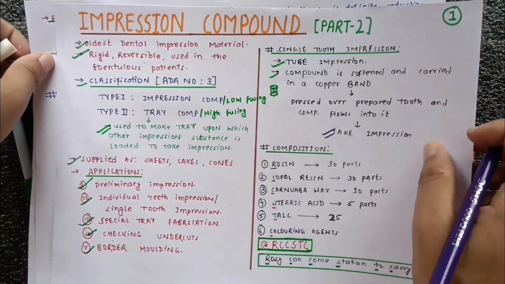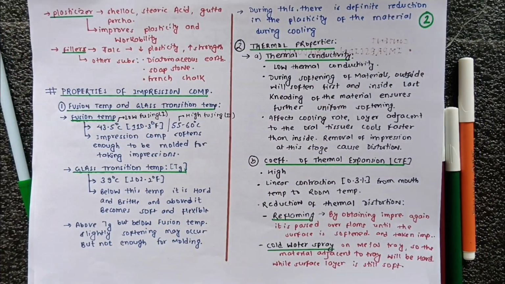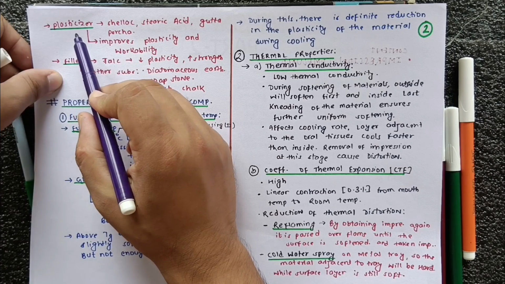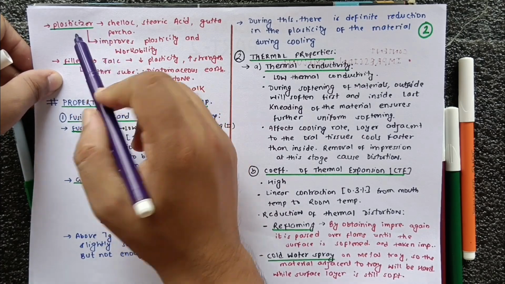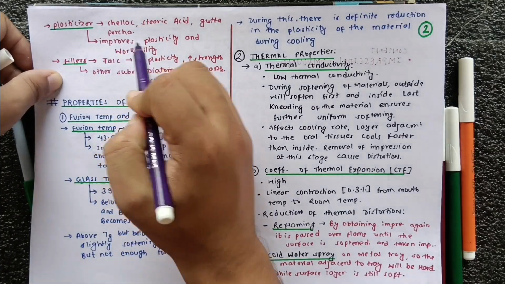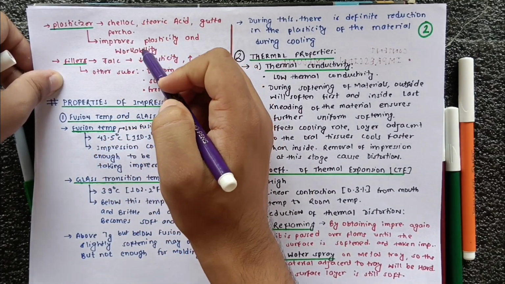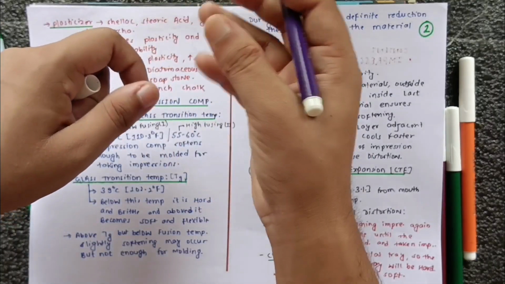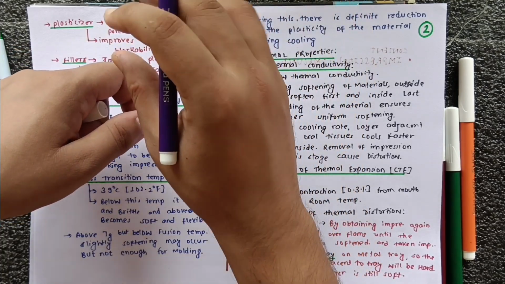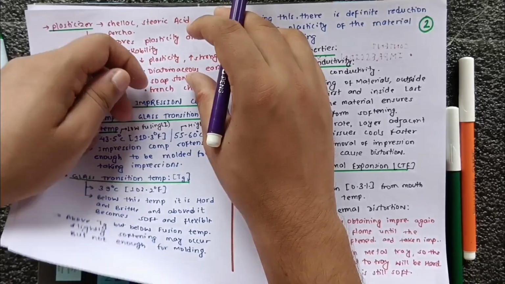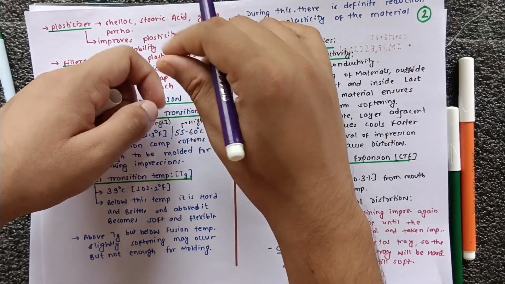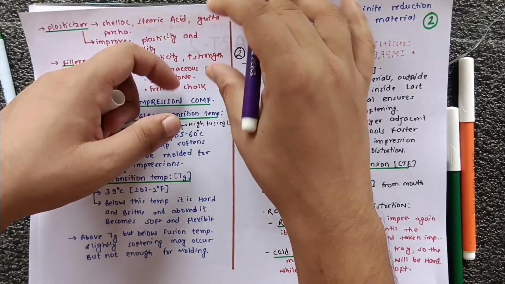I have written here, so I will discuss it here. We have completed this, and after that, as I have mentioned here, plasticizer. Plasticizers are those ingredients present in the impression compound that are used for increasing the plasticity and the workability. When we put this impression compound in hot water, not boiling water, and then knead it, we feel that it is a sort of plastic material.